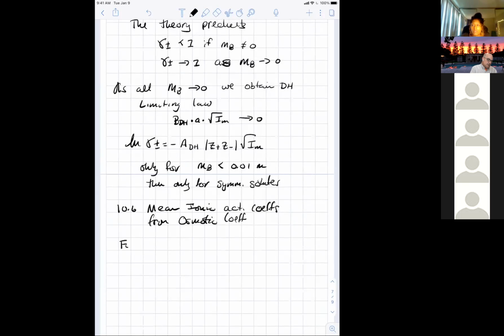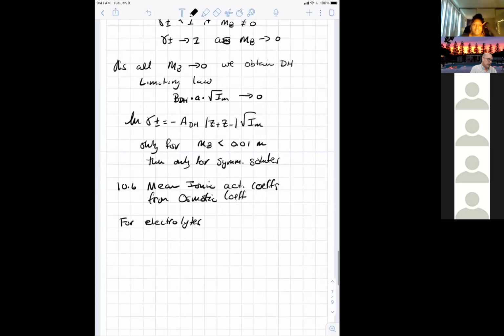For ions, we went through this last time, where this comes from. It's actually a relatively simple derivation, easy for me to say, right?